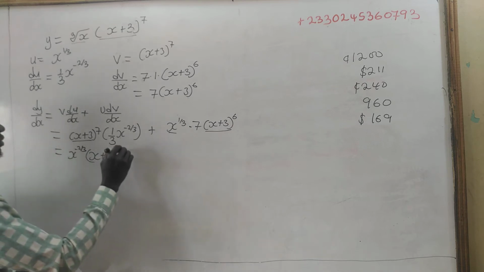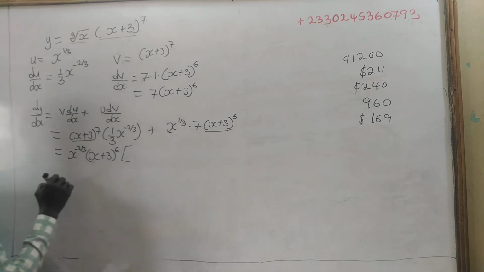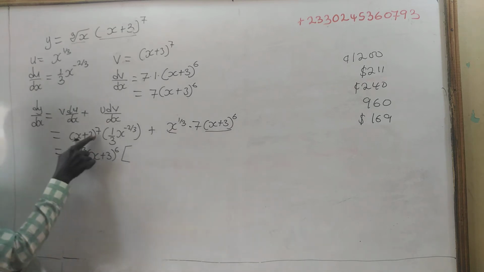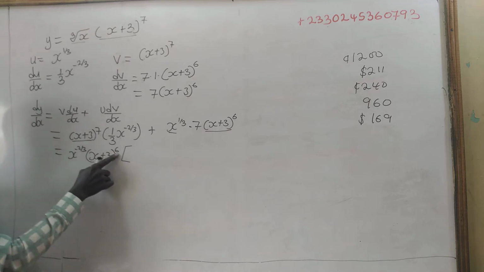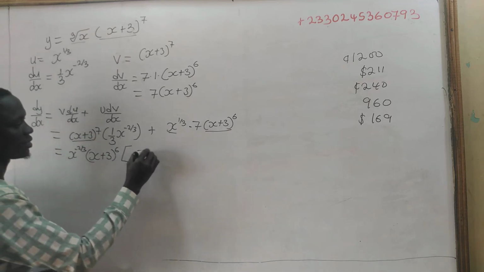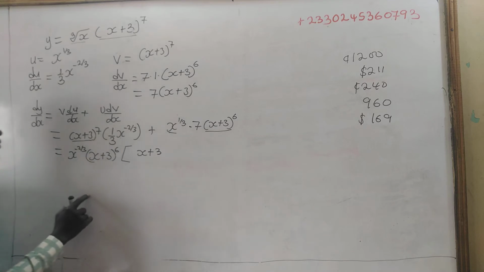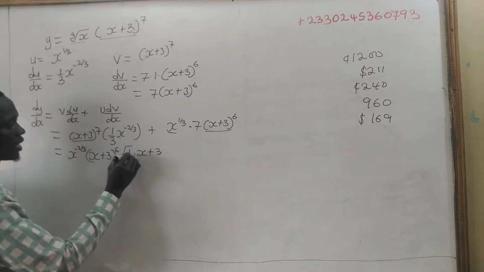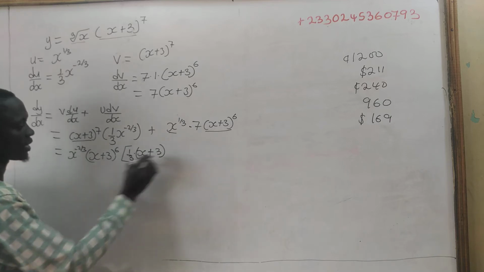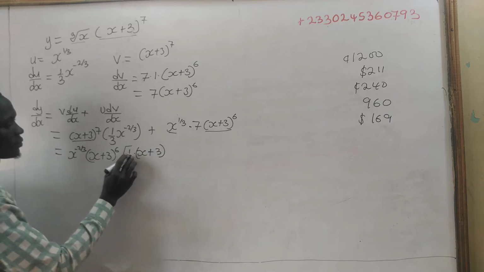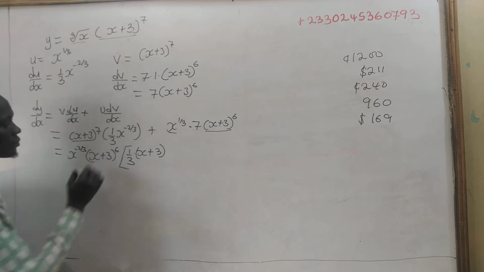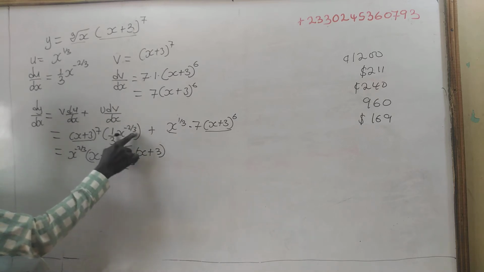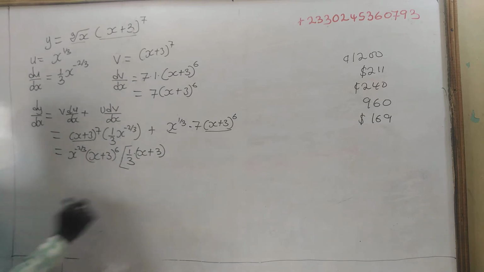And here, power 7 is here and we have power 6. So it has left with x plus 3. And here we have 1 out of 3 here, so times 1 out of 3. So let me put this in brackets. And the x to the power negative 2 on 3 is out.